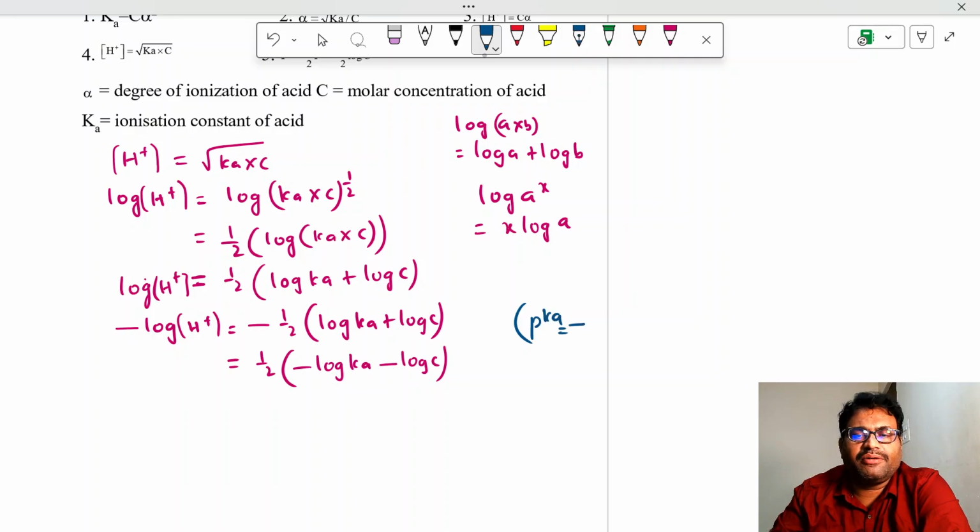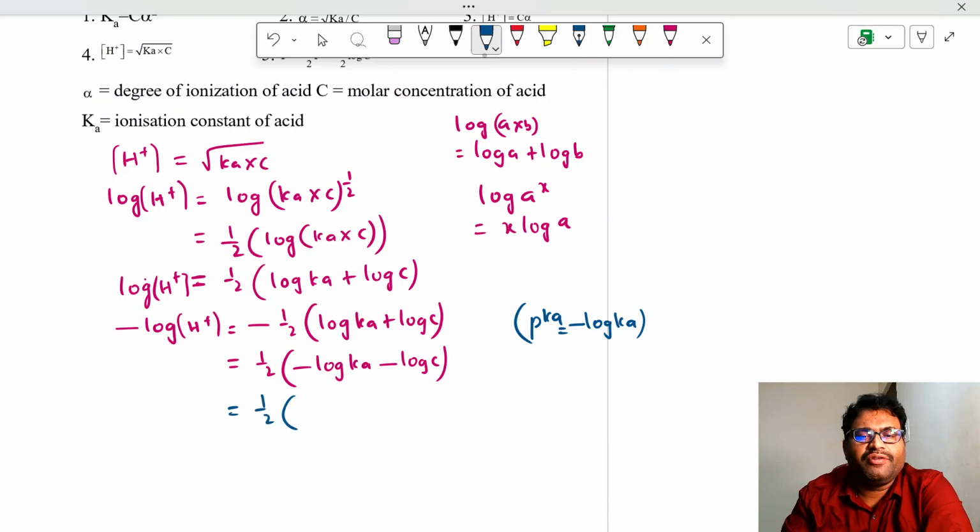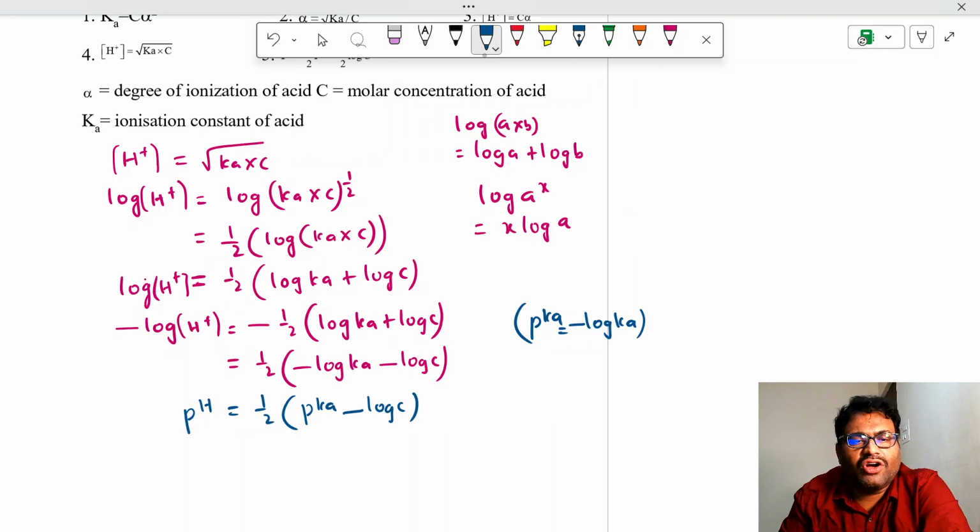We have studied that pH is equal to minus log H plus ion concentration. In the same way, I can write minus log Ka is equal to pKa. So what can I write now? Half pKa minus log C. Minus log H plus ion concentration is equal to pH.